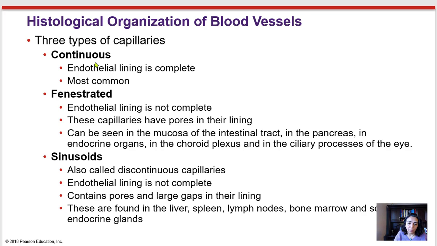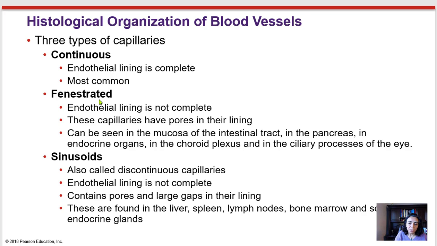For the continuous capillaries, we call them continuous because the lining is complete. All the cells are continuously one after another, so the endothelial lining is complete. As we said, these are the most common type of capillaries around the body.